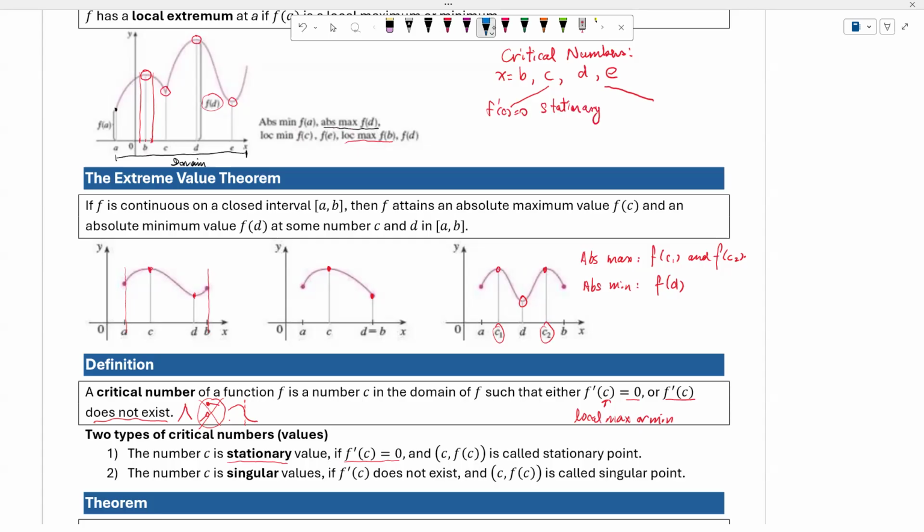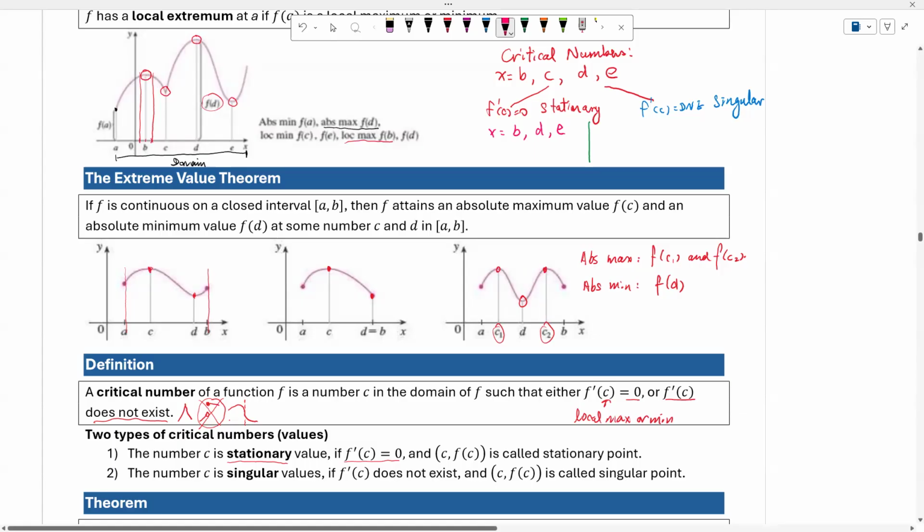Another type is f'(c) does not exist, which is what we call singular. So for the stationary, we have x = b, d, and e.